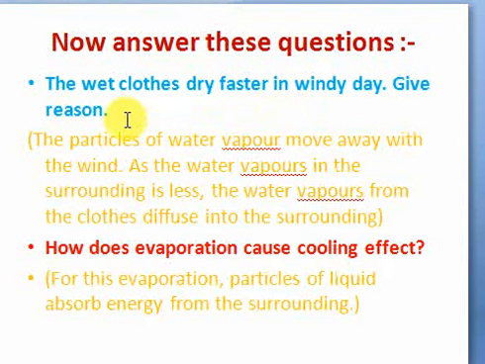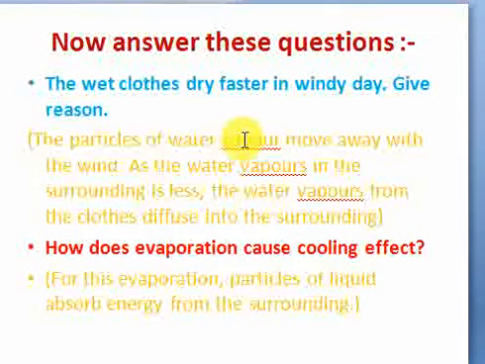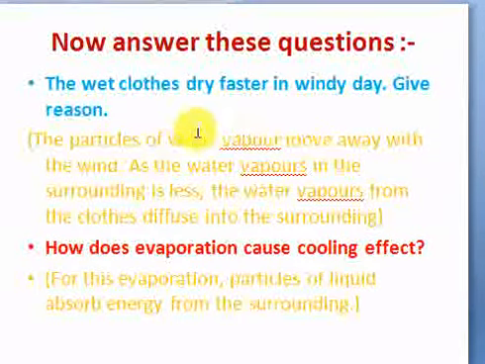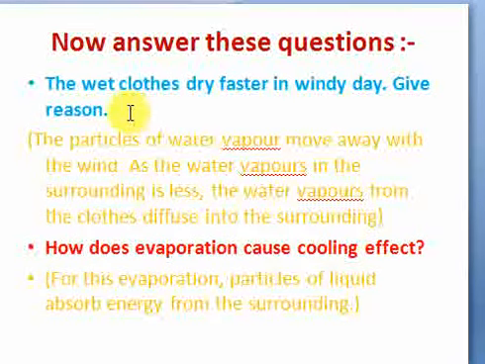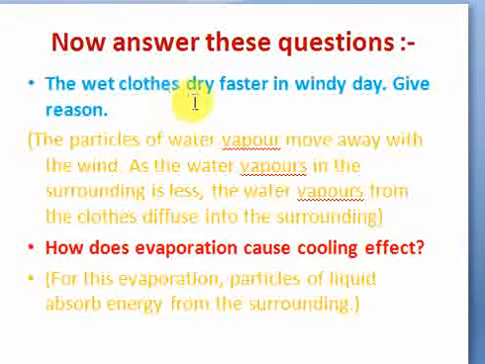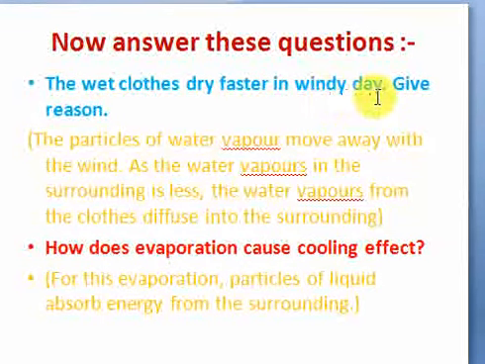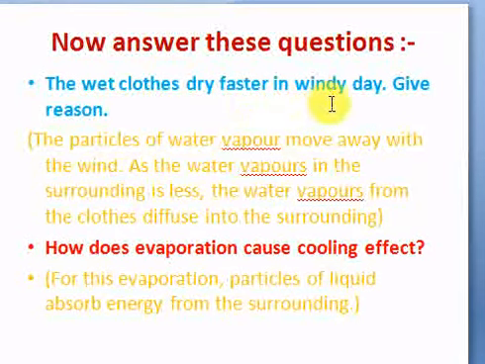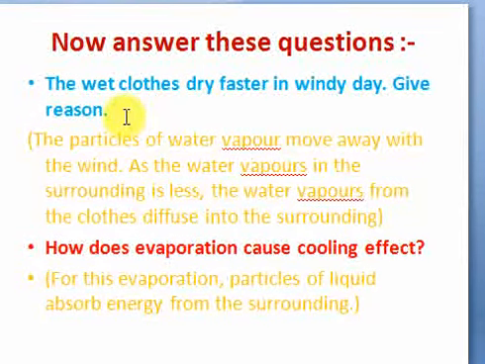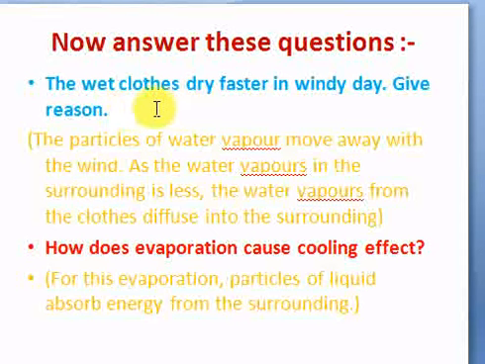So the water vapor that is present near the evaporating substance is less. So when wet cloth is placed in a windy area, then it evaporates fast.